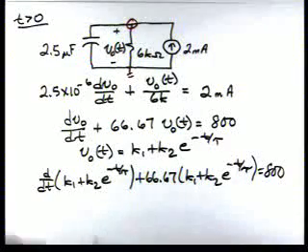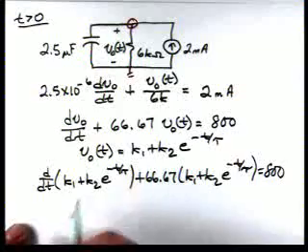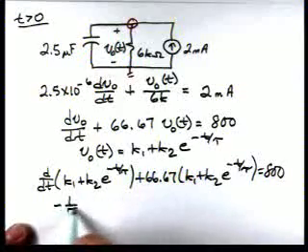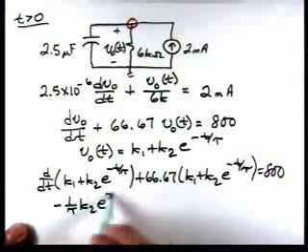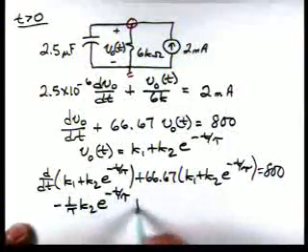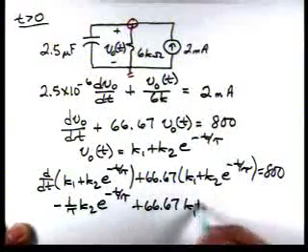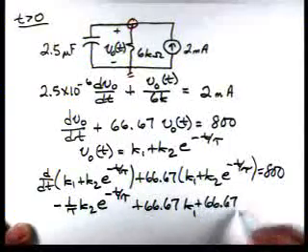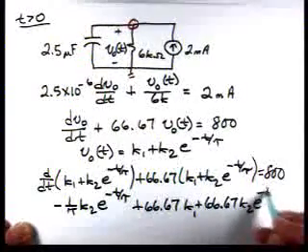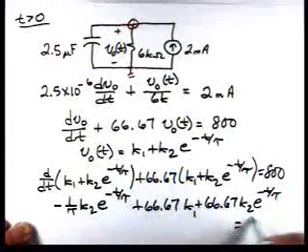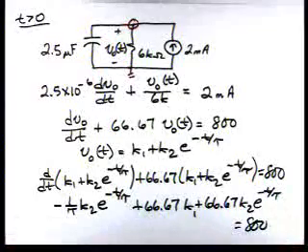If we do the operations here, we have minus 1 over tau K2 e to the minus t over tau plus 66.67 K1 plus 66.67 K2 e to the minus t over tau equal to 800.